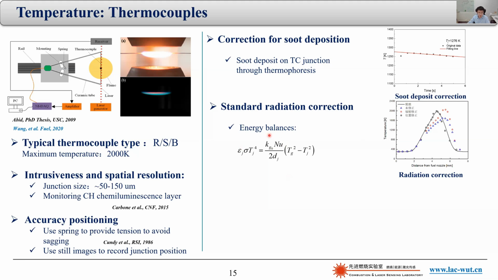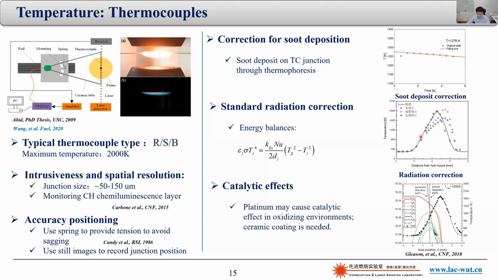This kind of correction turns out to be very important, especially in this peak temperature region. So the correction can be as high as 200, even 300 degrees K in some cases. So this is very, very important to do.